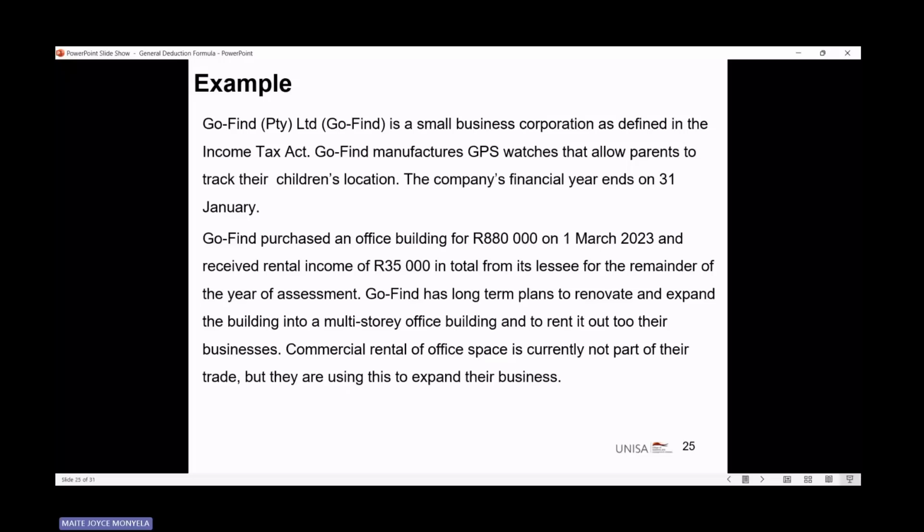Jofine also has a long-term plan to renovate and expand the building into a multi-story office to rent it out to other businesses. Commercial rental of the office is currently not part of the trade, remember, but they are using it to expand the business.